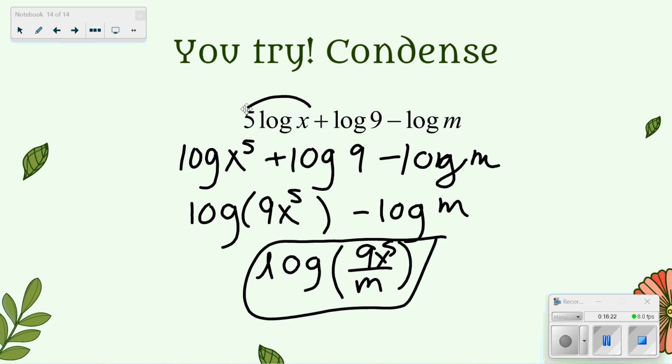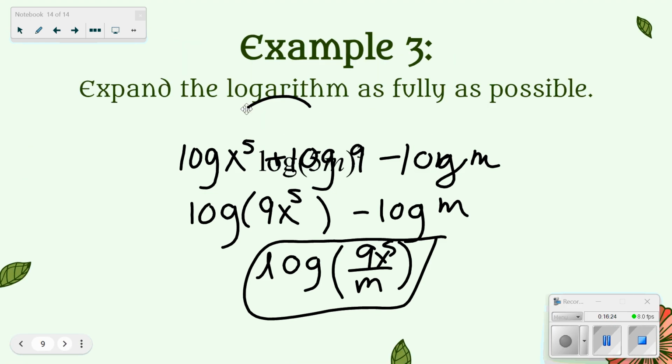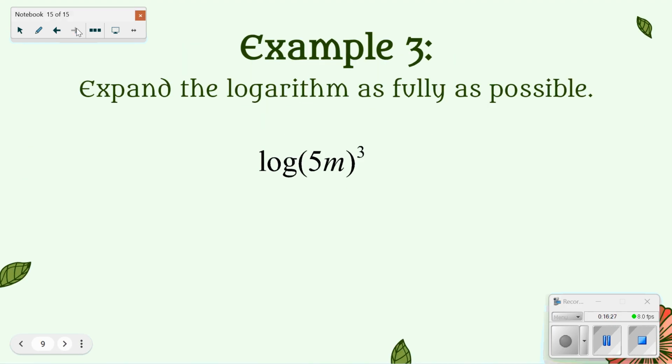Alrighty. Let's go the other way. So we're going to expand now. So jot this question down, and then we'll see what you're noticing.